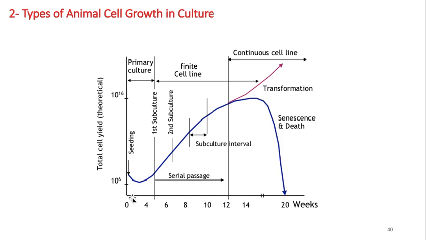These are cells, tissue or organ taken directly from the donor. Examples are the cell culture of white blood cells, fibroblasts derived from skin, smooth muscle of heart, neurons, etc. So we take a sample of tissue, we can put it in culture, or we can have single cells, and we can do the in vitro culture of these cells directly from the organism, from the source. We call it primary cell culture.